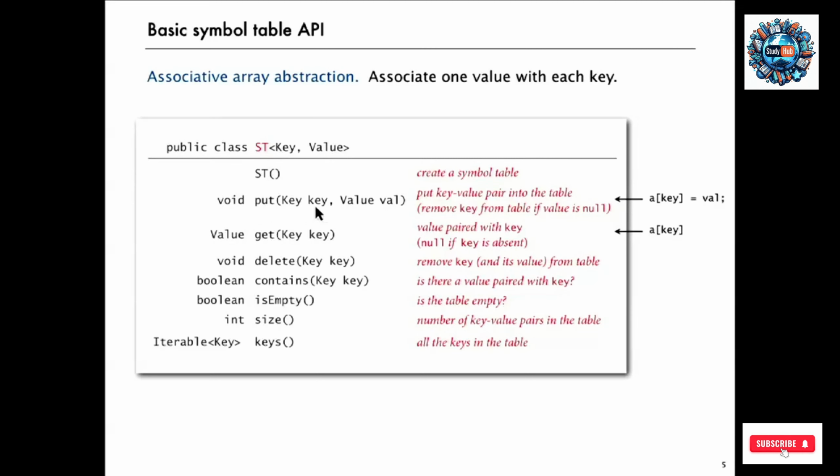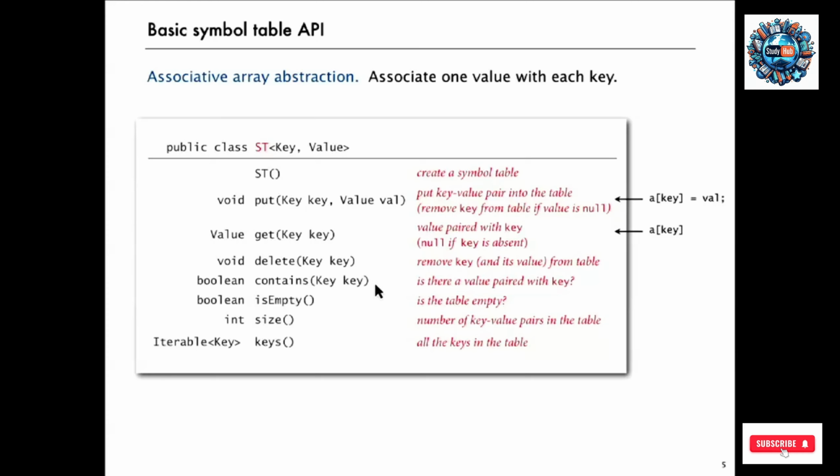Put a key value pair into the table, that is, associate the value with the key, and then get the value paired with the key. There are particular rules for null that I'll talk about in a second. And then to properly maintain a symbol table in a dynamic situation, in many clients you want to support a delete operation, and contains is a simpler operation than get.